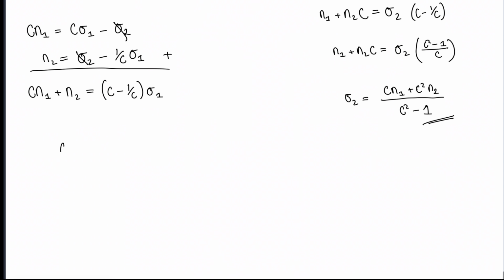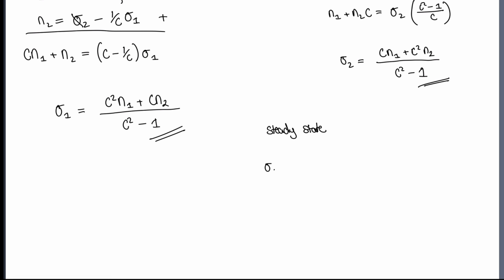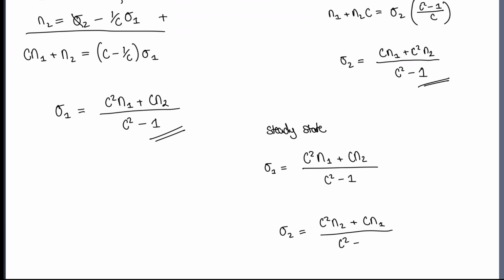And so if we do the same thing as before, sigma 1 is equal to c squared eta 1 plus c eta 2 over c squared minus 1. Cool. So the steady state is sigma 1 equal to c squared eta 1 plus c eta 2 all over c squared minus 1, and sigma 2 is equal to c squared eta 2 plus c eta 1 all over c squared minus 1.